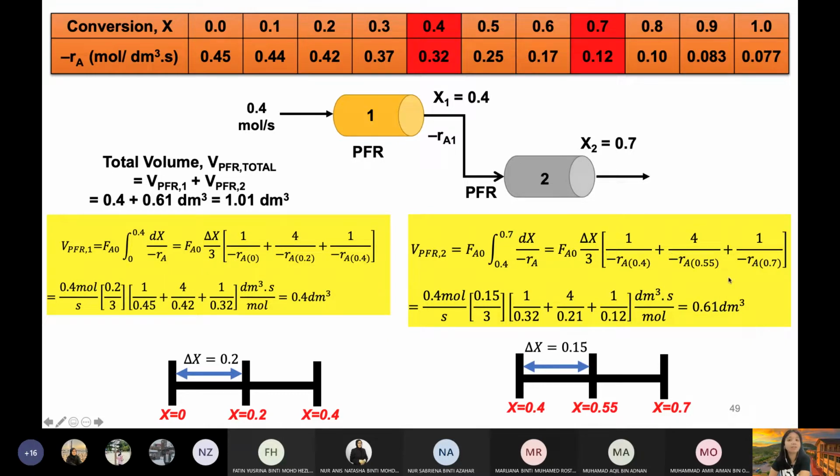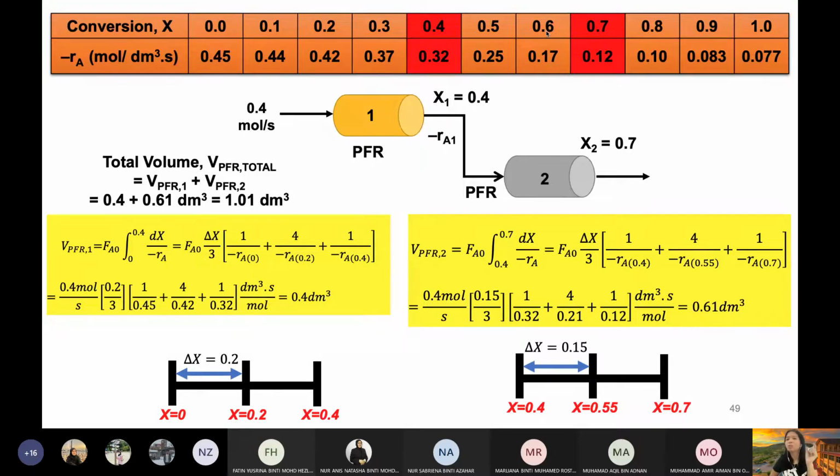Okay, so this part is a bit difficult because if you realize, in the table there is no 0.55. So actually I should have changed this question a little. In this question, what I do is I interpolate between 0.5 to 0.6 to get the minus RA at 0.55. However, I forgot to change the question.